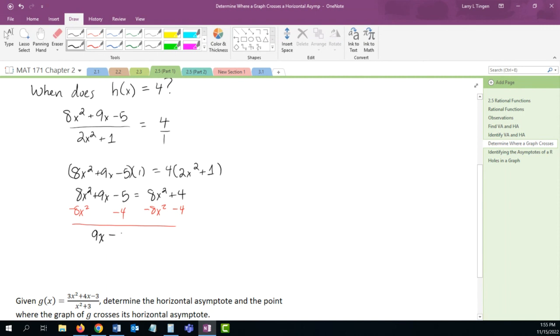Negative 5 minus 4 more is negative 9. 8x squared minus 8x squared is 0. 4 minus 4 is 0. So I have 9x equals 9. So it was quadratic, but that subtracting there caused my square term to zero out. So now this is linear. I know how to solve a linear equation. Everything with an x on one side, everything without on the other. Solve for x. And I find that x equals 1.